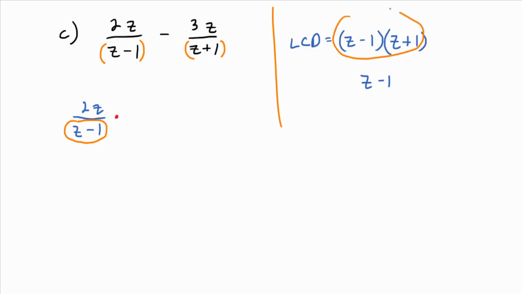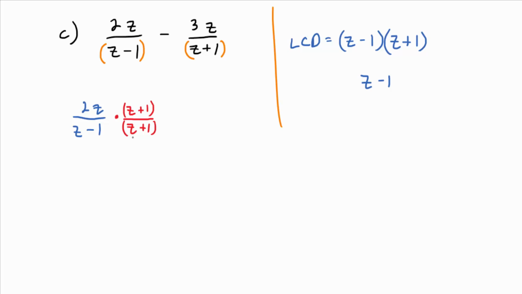Which of these two factors is missing? Z plus 1. So we multiply numerator and denominator by the missing factor, z plus 1. We're multiplying by z plus 1 over z plus 1, which is really equal to 1. We're multiplying by 1, so we don't change the value.